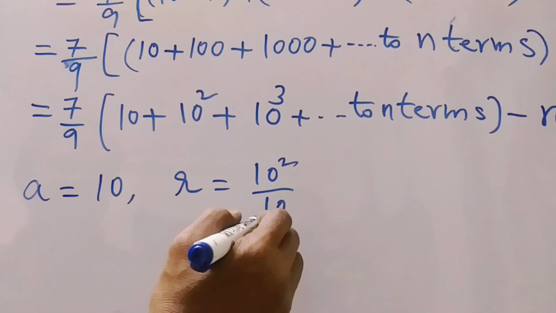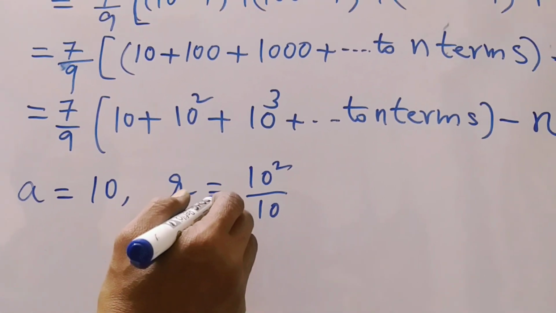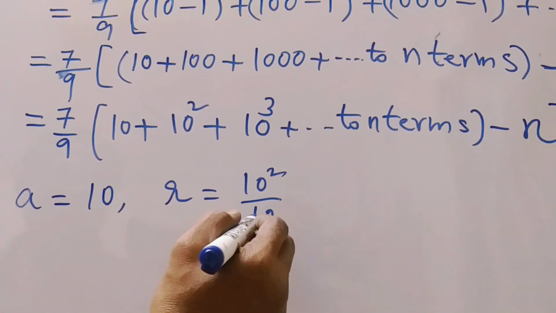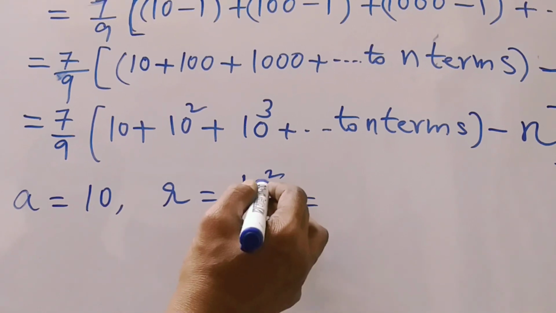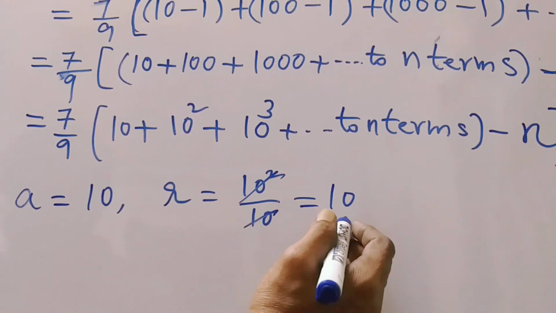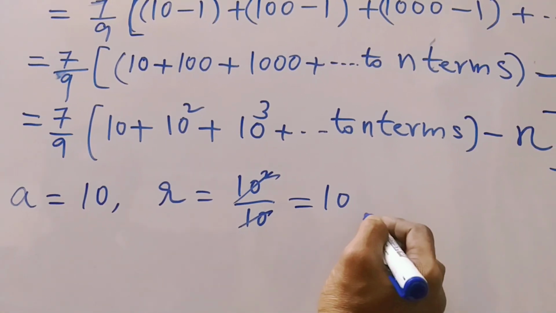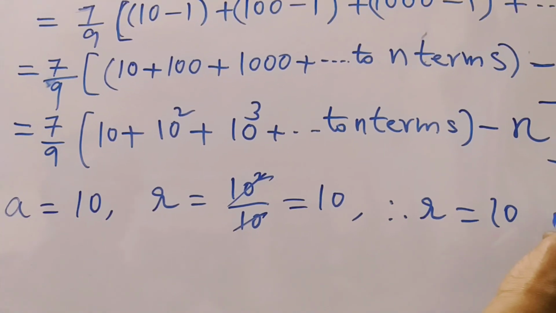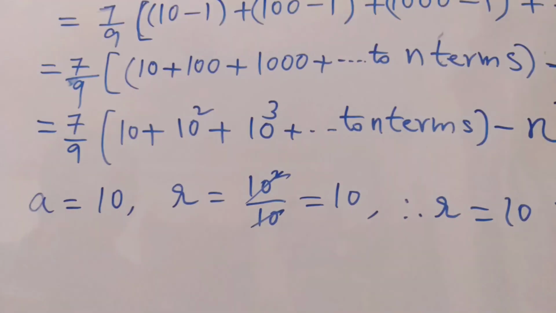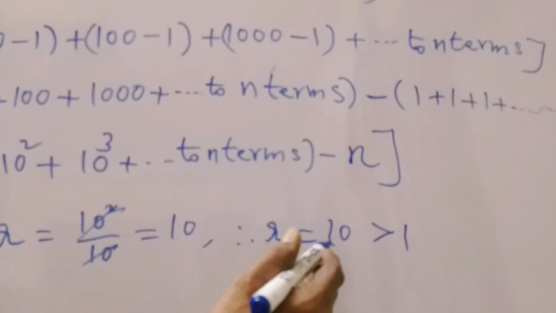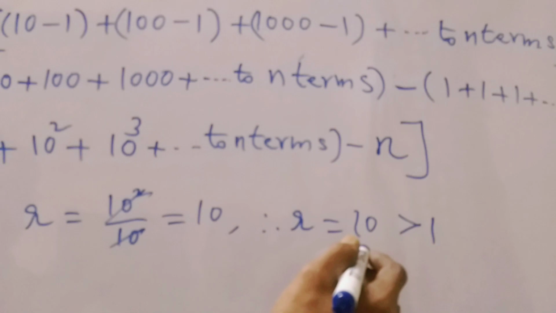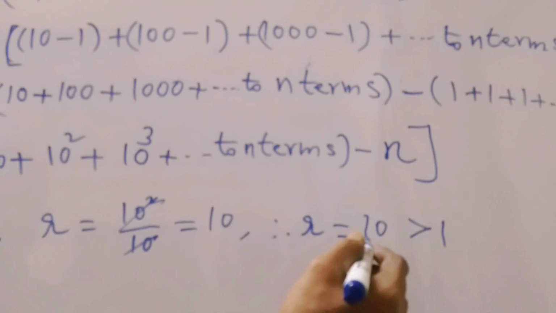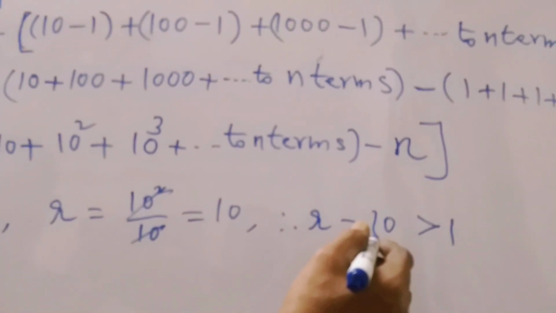So 10 square by 10, after cancelling, becomes 10. Therefore the common ratio R is equal to 10, which is greater than 1. That means 10 is a number greater than 1.